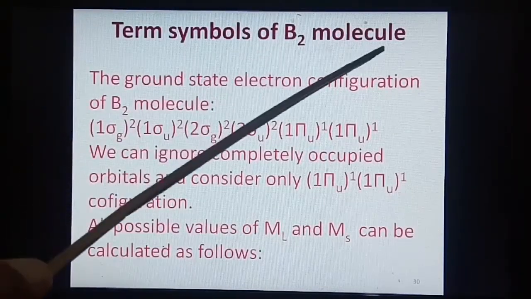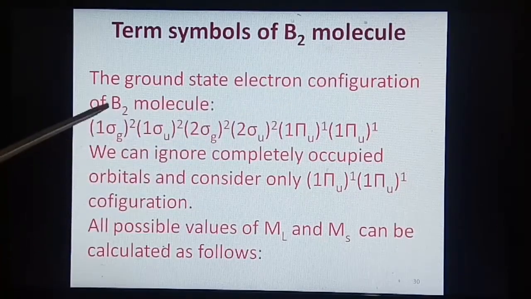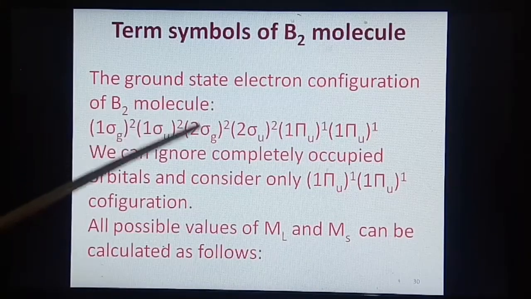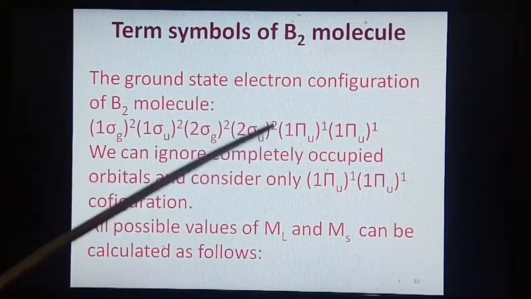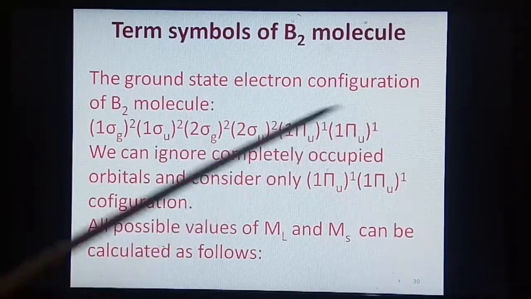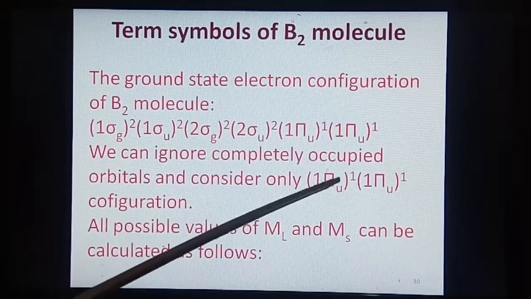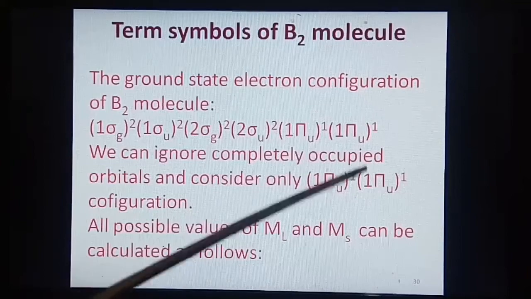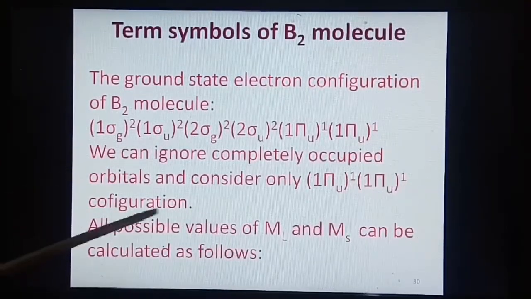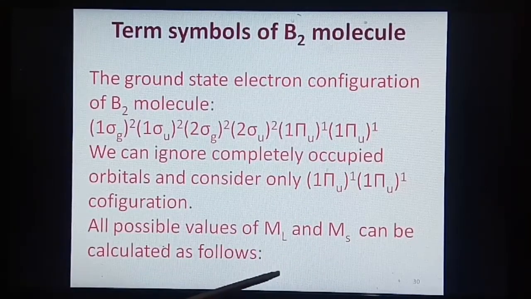Now we come to the B2 molecule. The ground state electronic configuration of the B2 molecule is 1σg² 1σu² 2σg² 2σu² 1πu¹ 1πu¹. We can ignore completely occupied orbitals and consider only the 1πu¹ 1πu¹ configuration. All possible values of ml and ms can be calculated as follows.